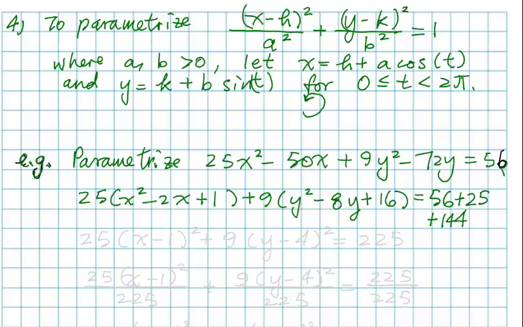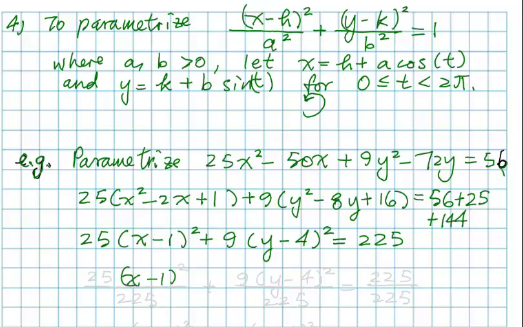Writing both parentheses as squares, we have 25 times x minus 1 squared plus 9 times y minus 4 squared equals 225. We then divide both sides of the equation by 225.